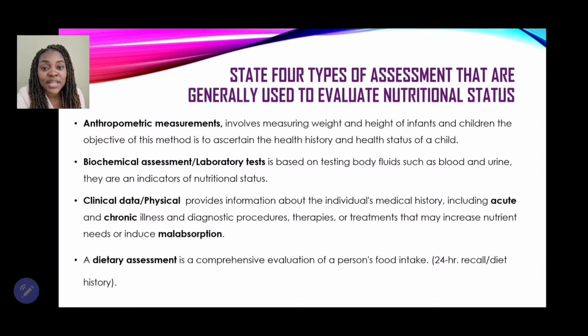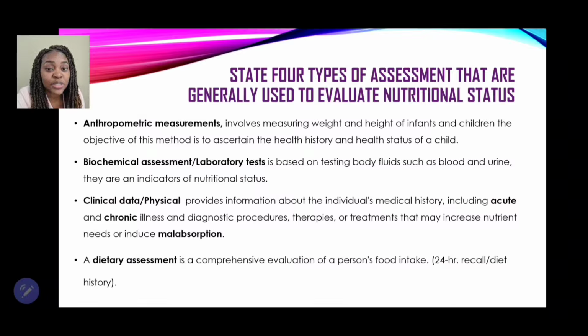So state meaning that we have to identify the nutritional assessment methods and also write a brief description of each, right? And even though we use the acronym, the A, B, C, and D of nutritional assessment, we don't go and write that there either, because you won't maximize your points, right?